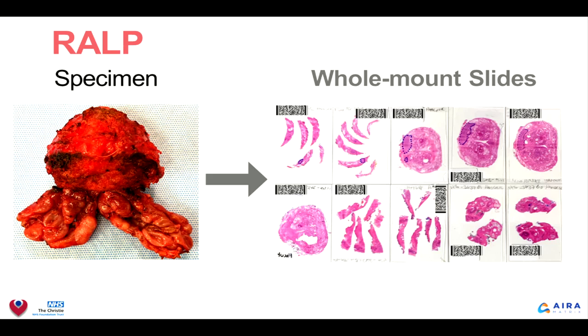What we do to obtain a pathology report is to transform the specimen in a number of glass slides. As you see here, at Christie, we use wall-mount slides for radical prostatectomies, and depending on the size of the prostate, we have normally a medium of 10 to 12 of these large glass slides.